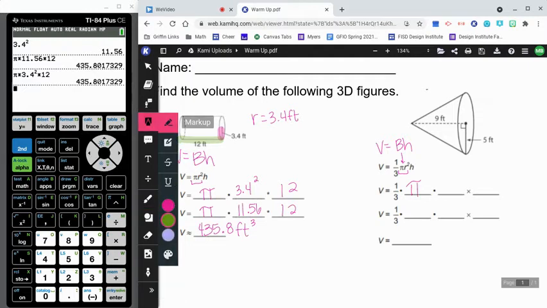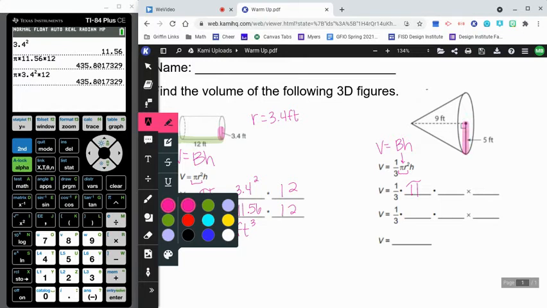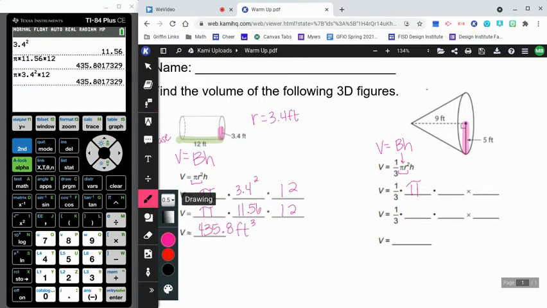When looking at the cone and looking at the circular base, I noticed that the dimension goes from the center to the outside edge. That means they already gave me the radius. Our radius is 5 feet. So I have 1/3 times pi times 5 squared times, next I need the height of the cone.